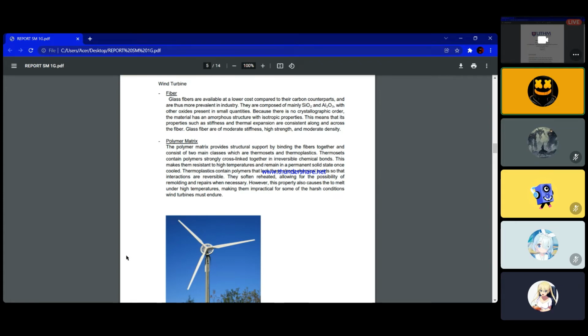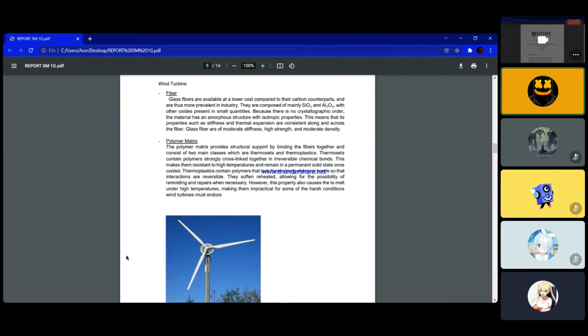Because there is no crystallographic order, the material has an amorphous structure with isotropic properties. This means that its properties such as stiffness and thermal expansion are consistent along and across the fiber. Glass fibers are of moderate stiffness, high strength, and moderate density.